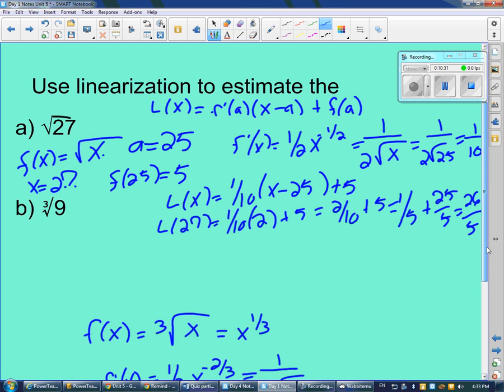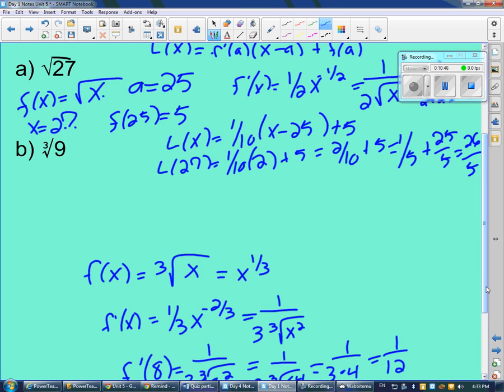Cube root is the same idea. So if I do the cube root of 9, I want to create a tangent line equation or a linearization equation for a value that I know the cube root of. And so the value that I know the cube root of is 8. So I'm going to let my a be 8.